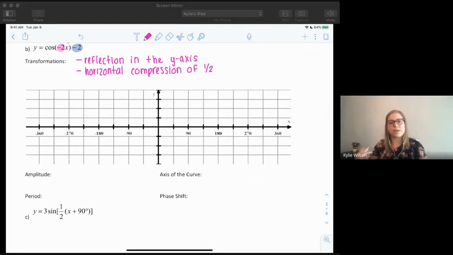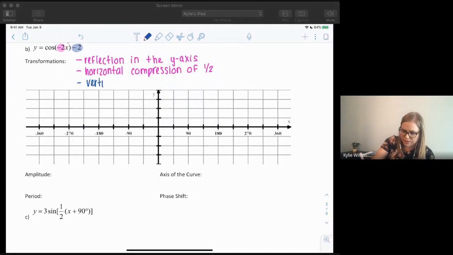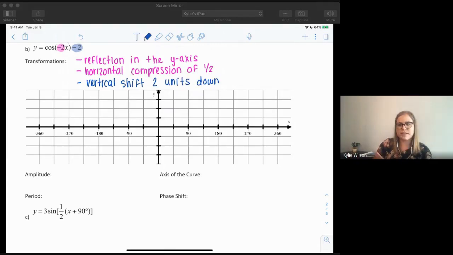Remember, with my k's, I always do 1 over k. And finally, my little c value is a vertical shift 2 units down. So that hasn't changed from our previous transformations.